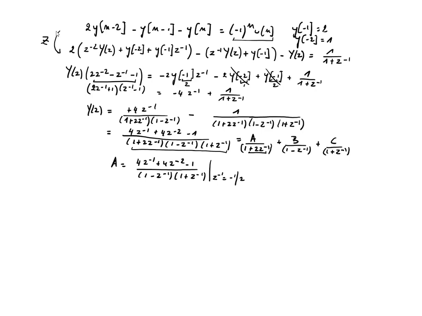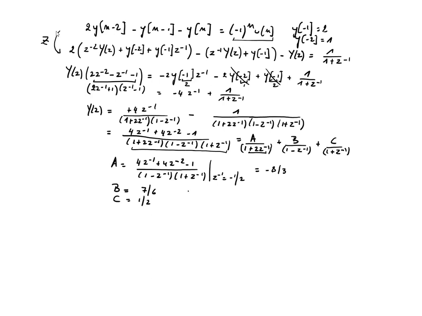I won't go over the details, but you will have minus 8 over 3. You can do the same for b. You'll have 7 over 6, and for c you'll have a half, right?